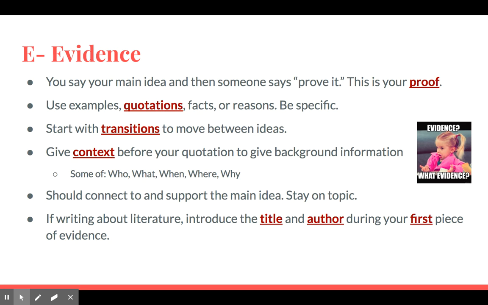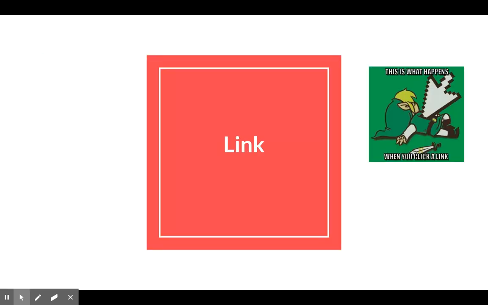Oftentimes, we're going to be using quotations, especially during literary analysis when we're writing about things that we read. So your quotes are going to be your evidence. Quotes need context, the quote itself, and then a citation at the end to show where it came from. But we use this to help prove that our main idea is right. And all this background info is necessary to understand what we need to do with the link.